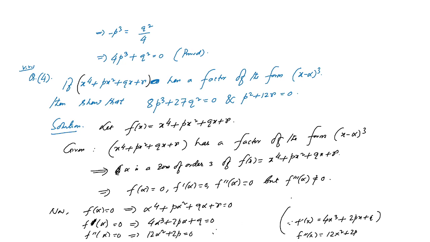So we get alpha to the power 4 plus p alpha square plus q alpha plus r equals 0, 4 alpha cube plus 2p alpha plus q equals 0, and 12 alpha square plus 2p equals 0.